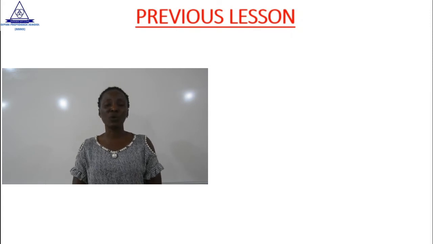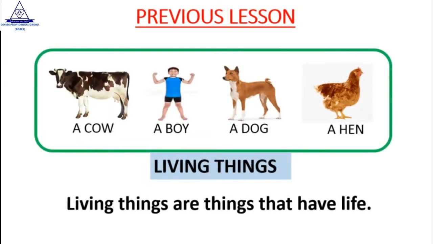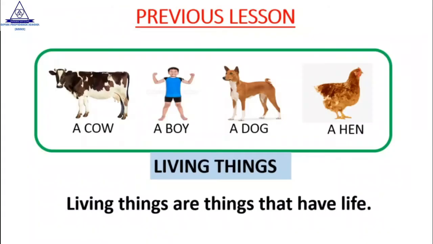Let's revise on what we learned in our previous lesson, which is living things. Hope you remember. And what did we say about living things? Living things are things that have life in them.